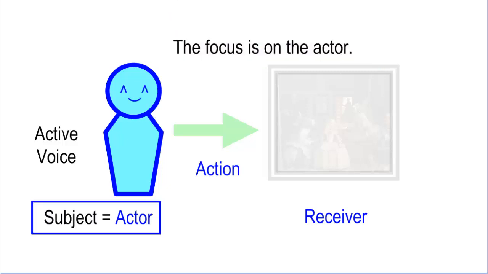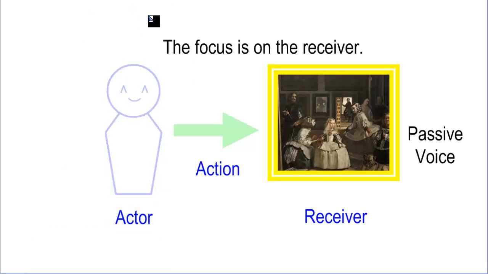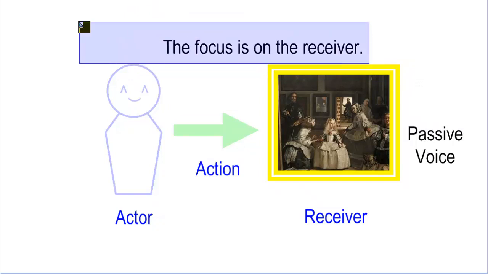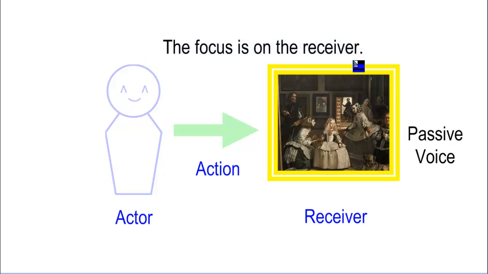And this is the subject. But what happens if I want to focus on the receiver of the action? So you see that's different. If I want to focus on the receiver of the action, that is going to be called passive voice. It's similar.